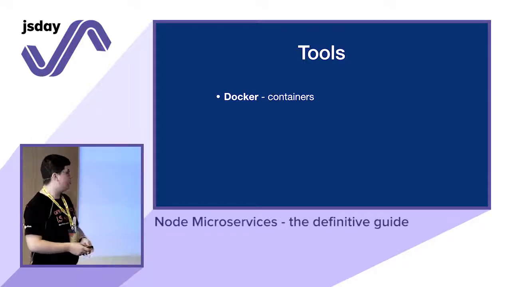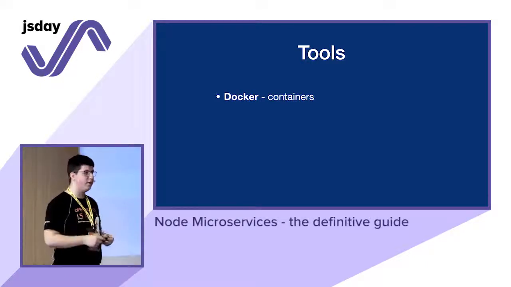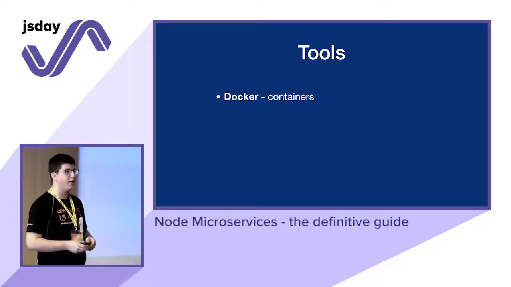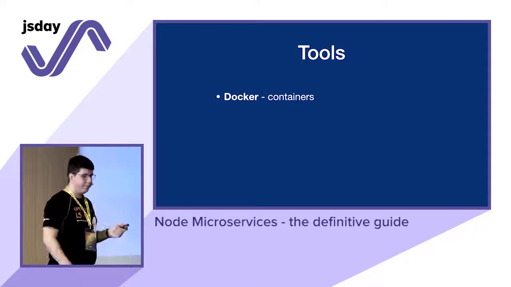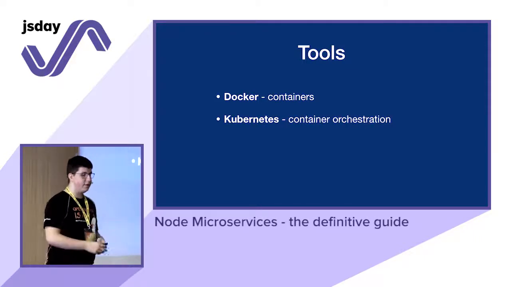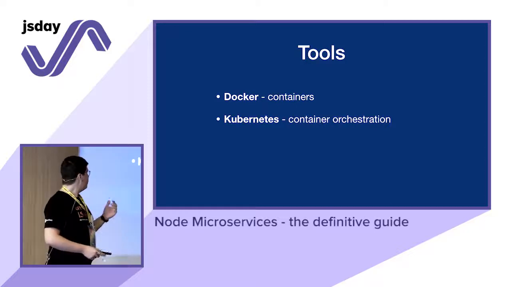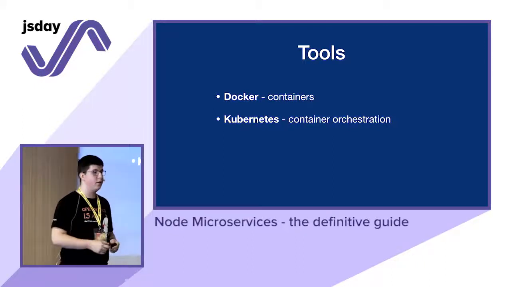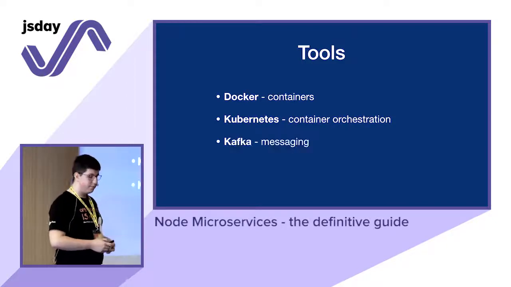I recommend using Docker because it's a really simple tool for making containers and putting everything you need inside the container, all the libraries for your app. Then Kubernetes is used for container orchestration. When you create your containers, Kubernetes helps you to scale them, run them, and deploy them. It's not that easy to use, but it can be learned.